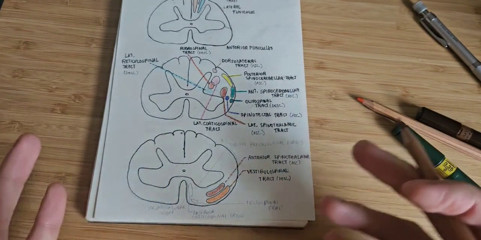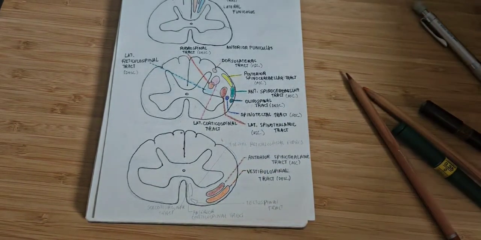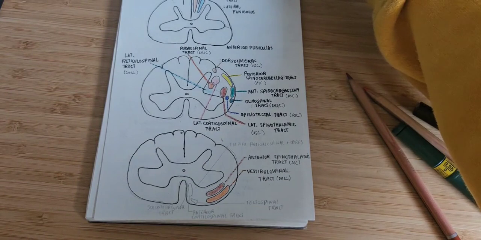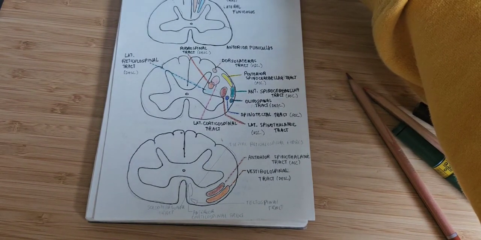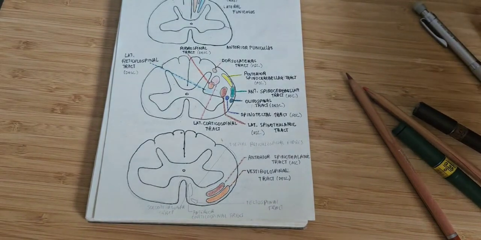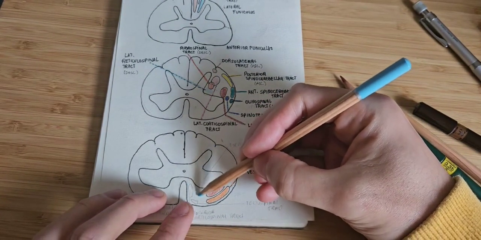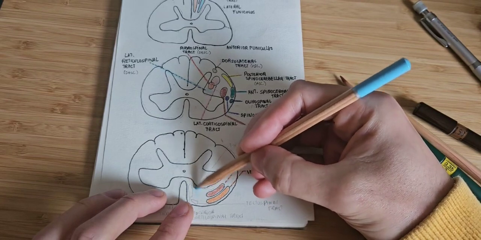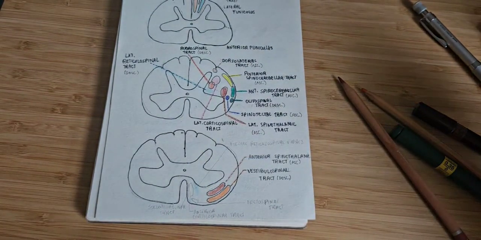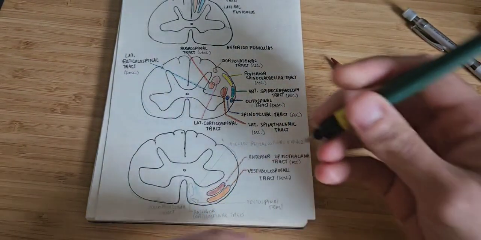Okay, I already presented two tracts. Now I'm gonna show you another one, which is the medial reticulospinal fibers. What I'm gonna do, I'm gonna just use the blue one in this area, and let me write here.